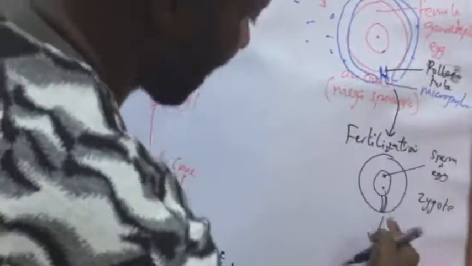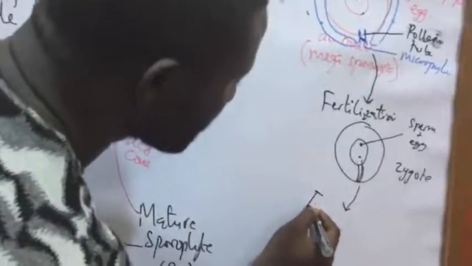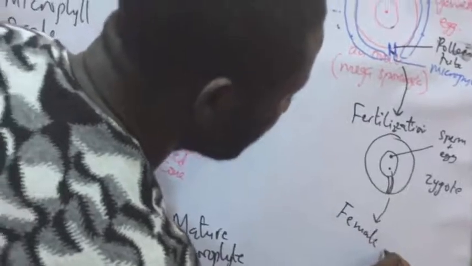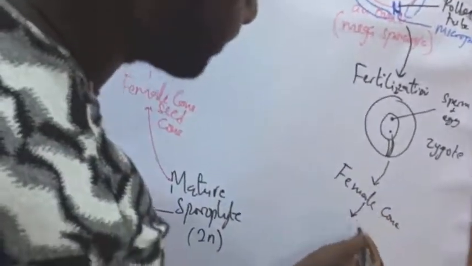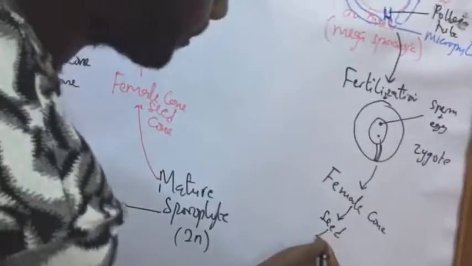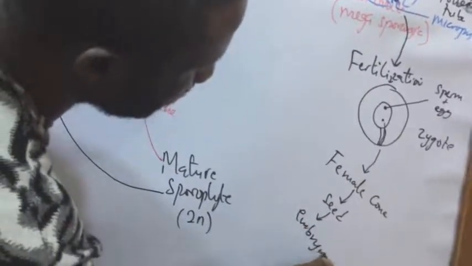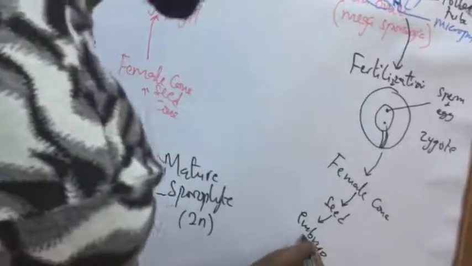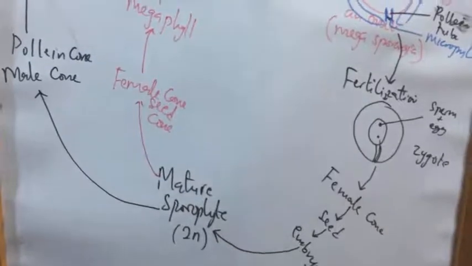The zygote is usually developed inside the female cone. Inside the female cone, there is a seed, and inside the seed we have the embryo. The embryo develops to give back the mature sporophyte.